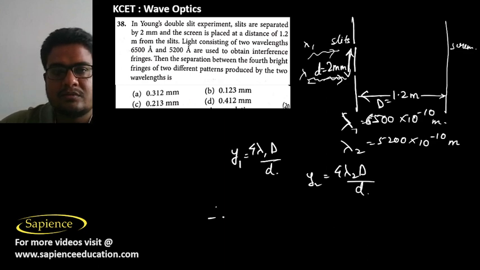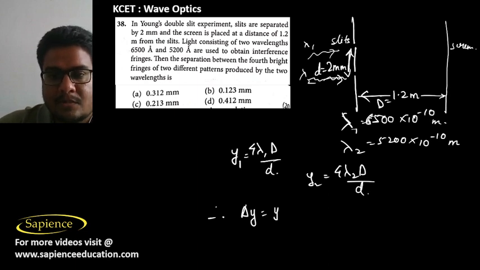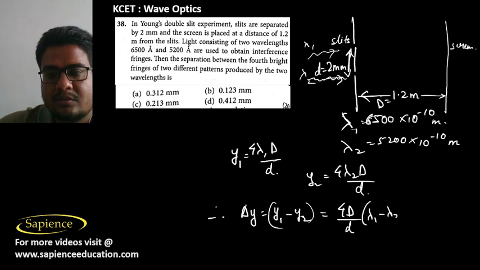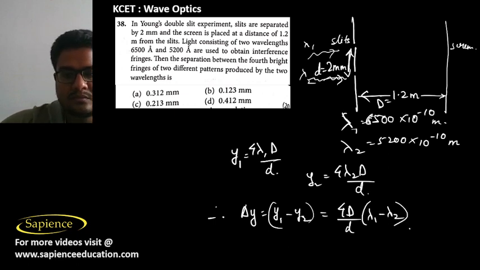So we have to find the value of delta y, that is the separation between the fourth bright fringes of the two different patterns produced by the two wavelengths. Lambda 1 is more than lambda 2, so this will be y1 minus y2. This will be 4 D by d into (lambda 1 minus lambda 2).